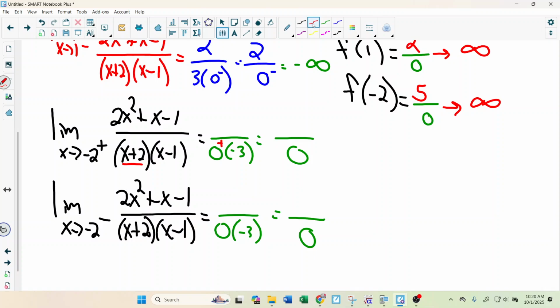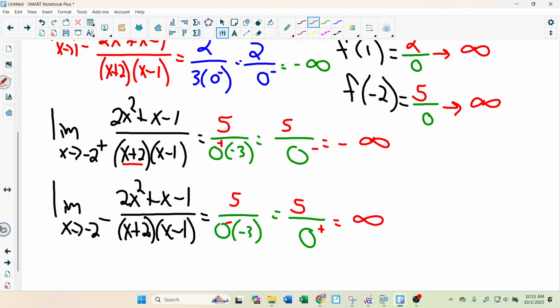Positive, but a positive times a negative actually gives me a negative. And then this is going to be a negative 0, but a negative and a negative gives me a negative. I get 5 on the top. We've already done that. So this is going to be negative infinity. Which one? Oh, this should be a positive. I'm sorry, that should be a positive. Okay.